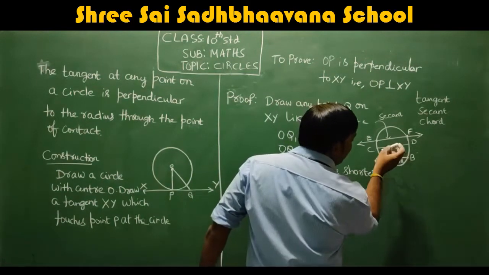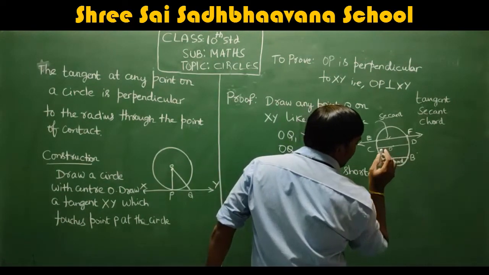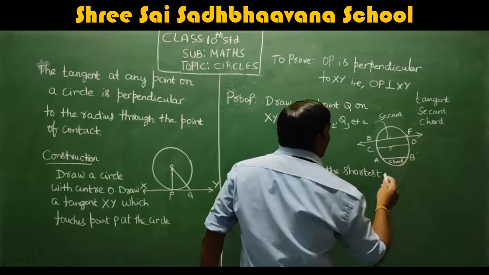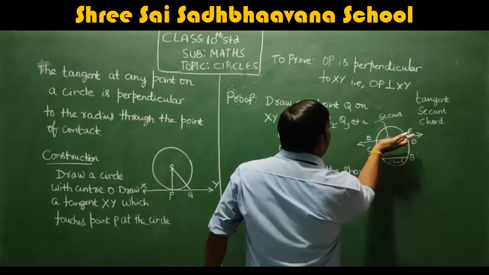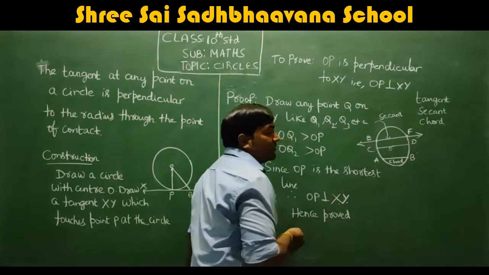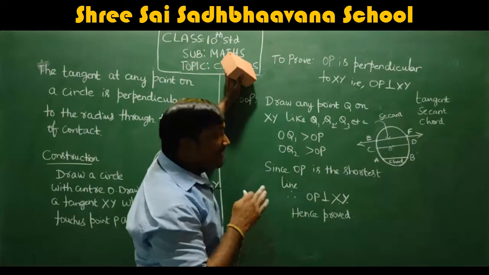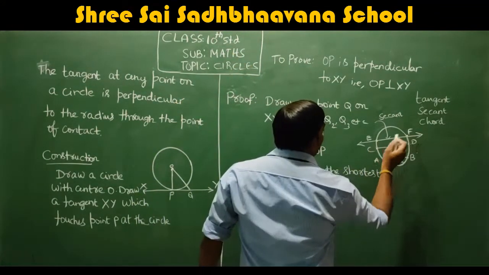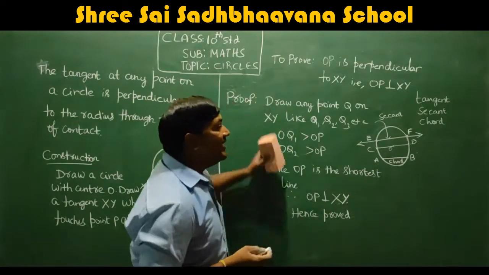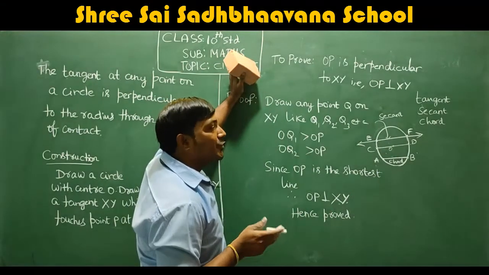Now this you can just imagine or assume, or you can see here, the chord CD divides the circle into 2 parts. Correct? Chord CD, as I told, diameter is the biggest chord or the longest chord. So that longest chord CD divides the circle into 2 parts.